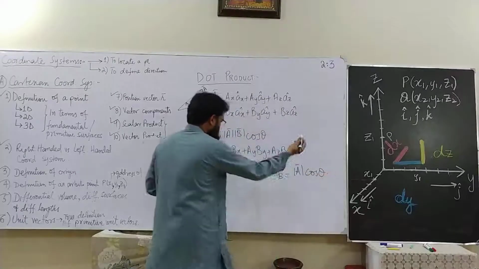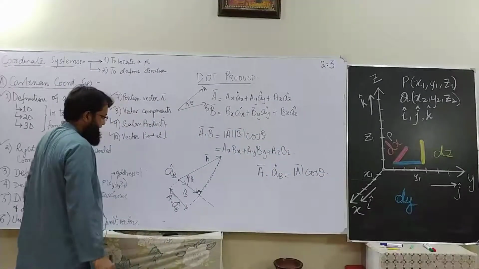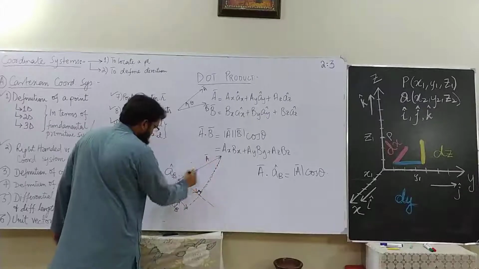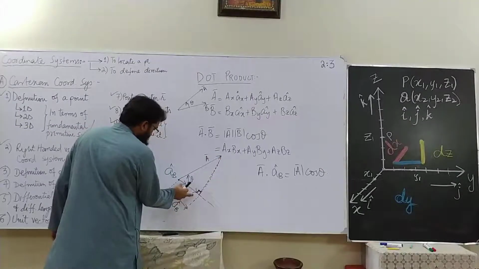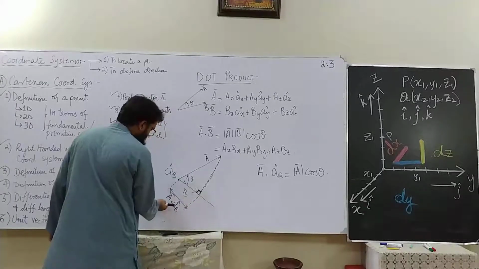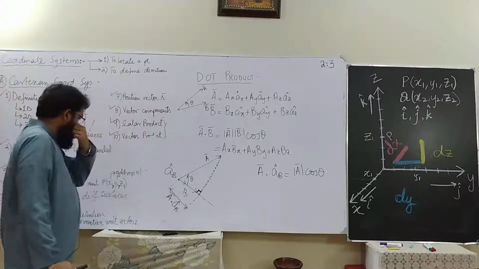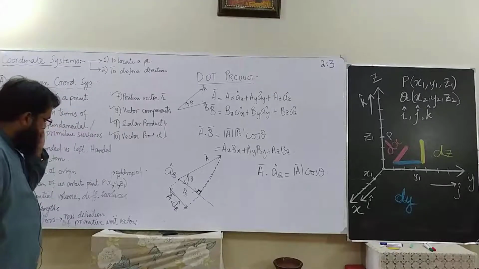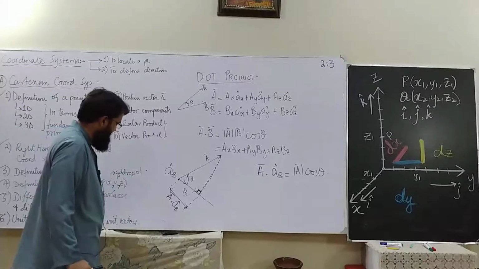So actually we have got the formula, since this is a right angle triangle, for calculating the length of the base in terms of vector quantities: a dot unit vector in the direction of b.